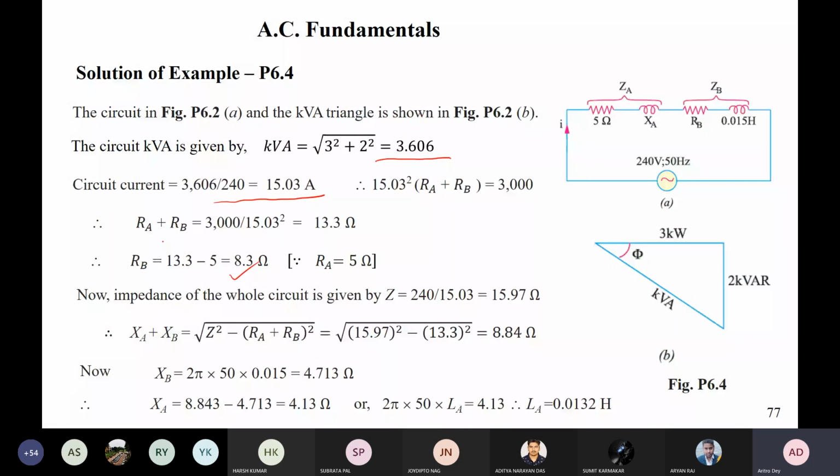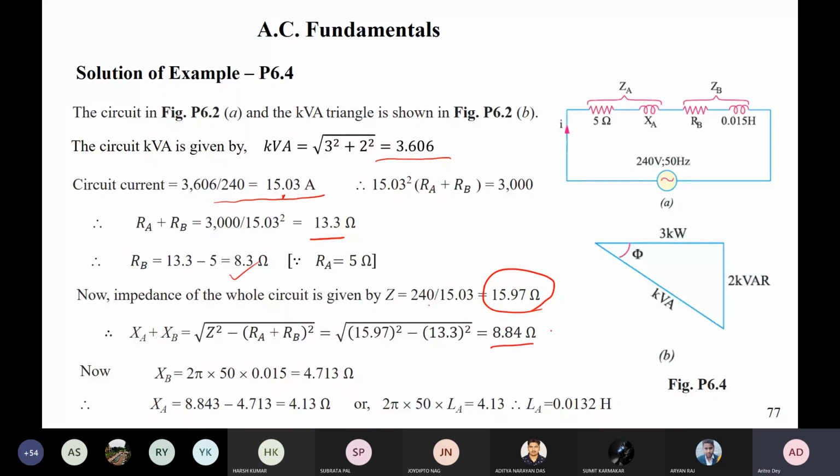As your RA plus RB is already calculated, so that is known to us, which is equal to 13.3, and we can calculate the overall impedance by dividing the input voltage 240 by this current. So you get your impedance Z. So XA plus XB is equal to the square root of impedance square minus resistance square.